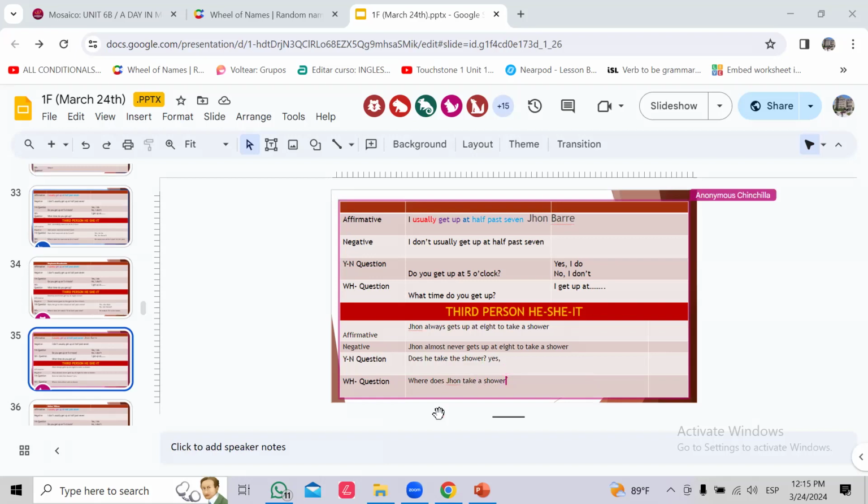Question mark. Signo de pregunta. Ahí está. Ya. Where does John take a shower? Entonces al lado usted ve otra columna. Por favor, arregle esa columna para que del otro lado ponga las respuestas. Está muy chiquita, ajústelo. Y regreso a revisarle su respuesta.